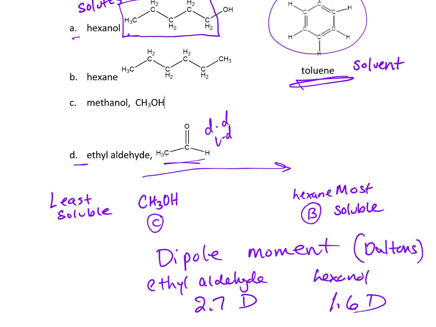So something that has a low dipole moment should dissolve fairly readily in toluene. So then we're going to have D and then A. And again, we're increasing that carbon chain, and so that's what makes it less soluble.